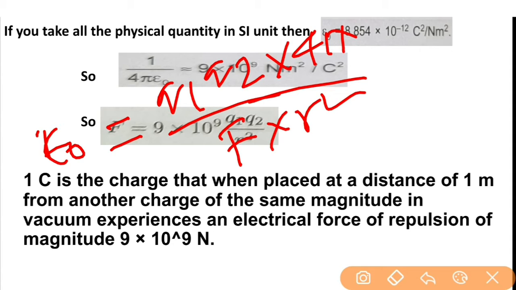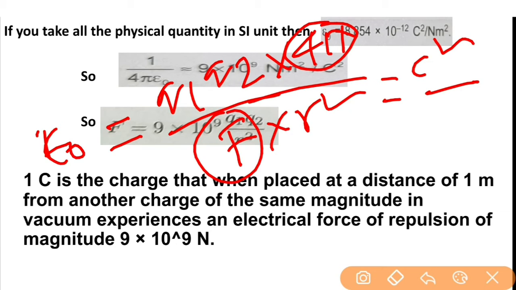The unit of Q1 and Q2 in the SI system is coulomb, so coulomb square. 4 pi is an integer value, it has no unit. The unit of F is Newton in SI, and the unit of R is meter, so meter square.